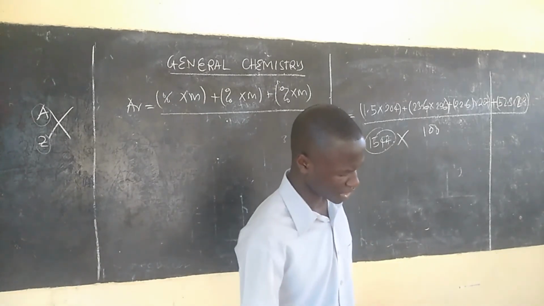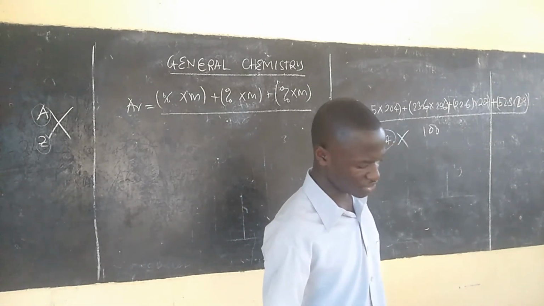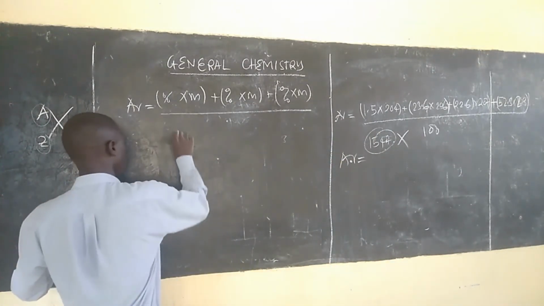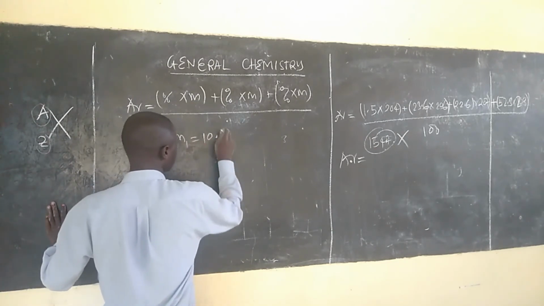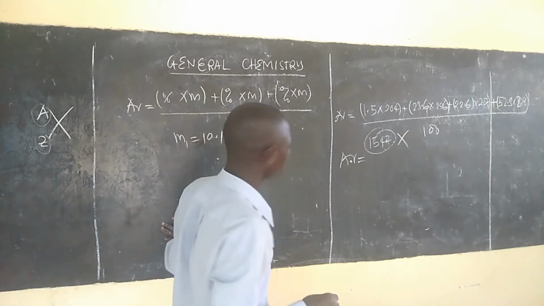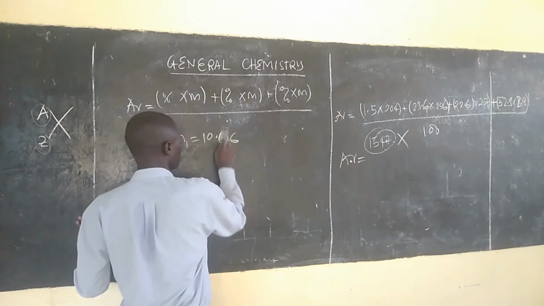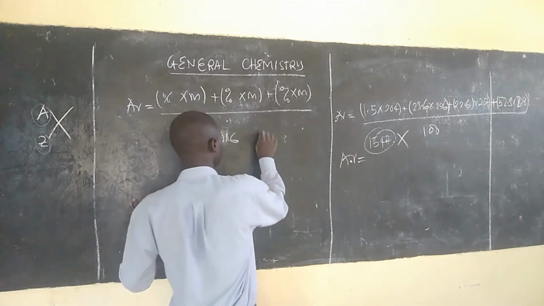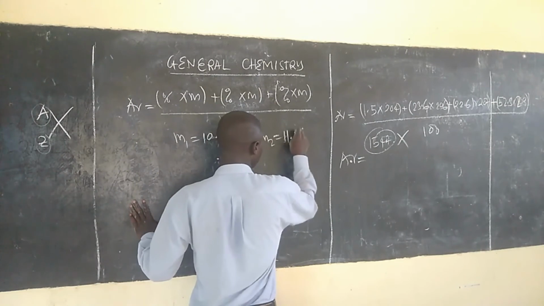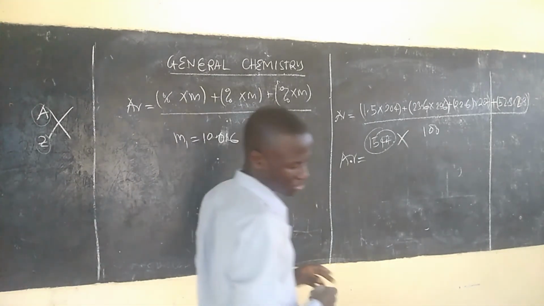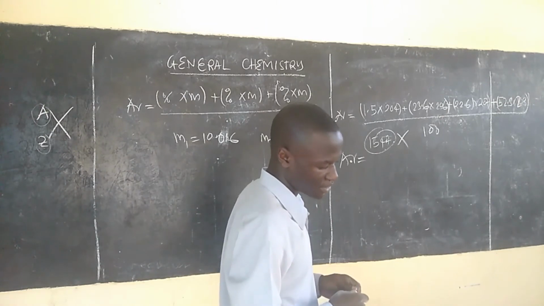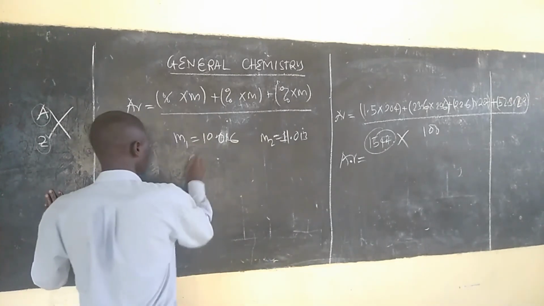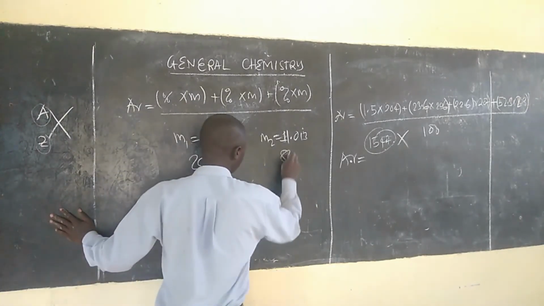Tumeona kwamba boron is known to have two isotopes whose masses ni 10.016 mass M1 and 11.013 M2, and they exist in the proportion 20 and 8 respectively. So you have 20%, you have 8%.